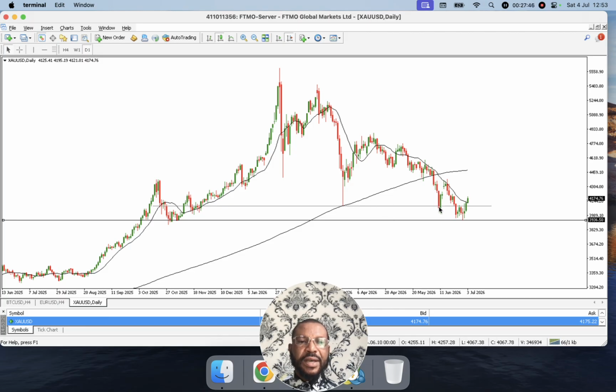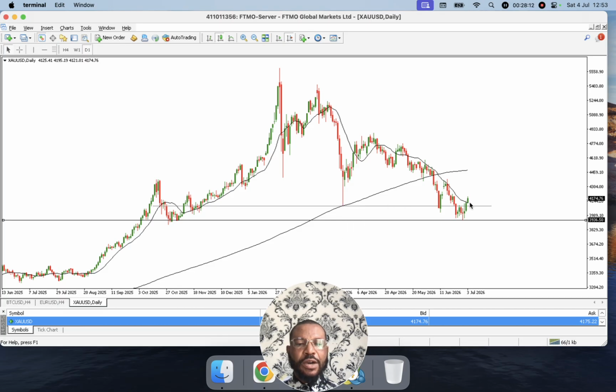Price came there, the buyers came in, but it was a manipulation. After some movements, the sellers came in and stopped out all the people who were trying to buy the gold from here. And price closed back above this demand area. That is the reason it's bouncing off from this demand. It has closed back above this area.